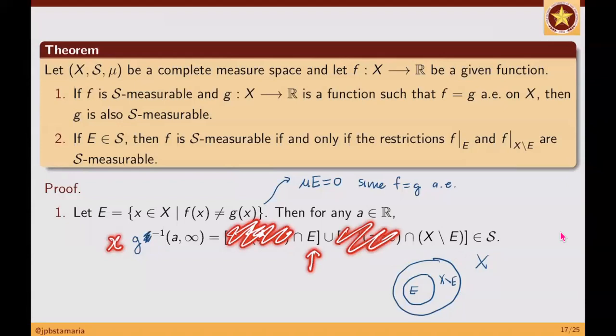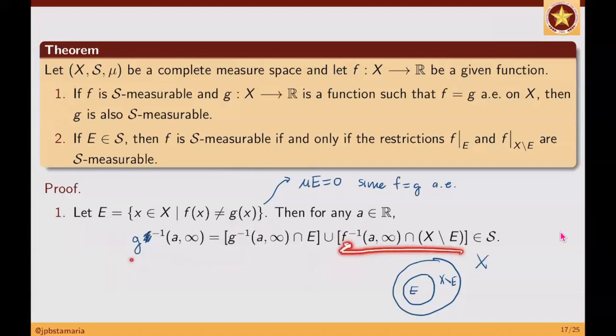Pag nandito ka sa complement ng E, si g of x parehas lang sa f of x. Kaya yung inverse image na to, I can replace that by f inverse. Kasi technically, in this set, parehas lang yung f at saka yung g. Pero on this set, I have to maintain g.